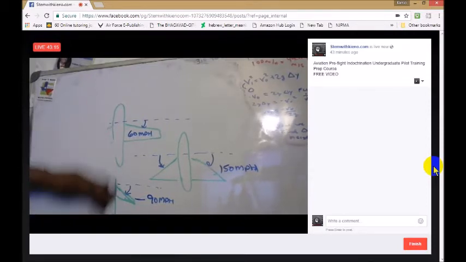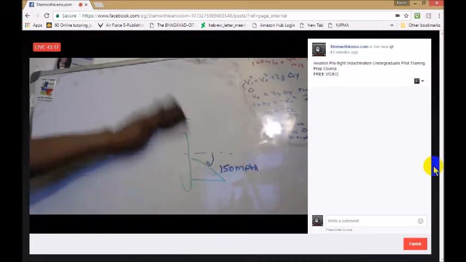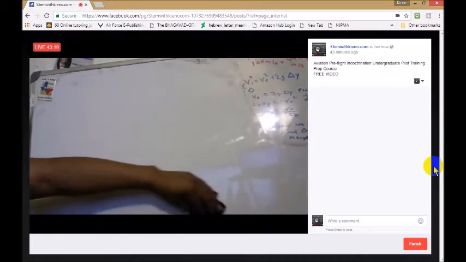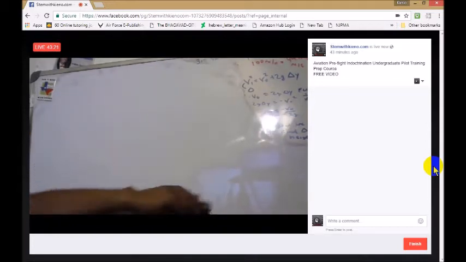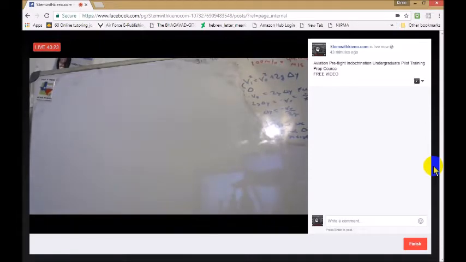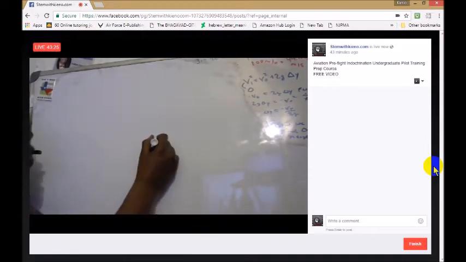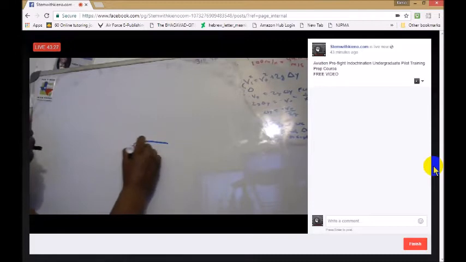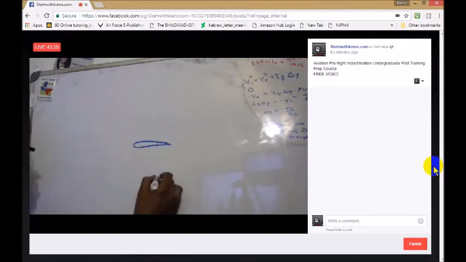Now, this leads us into high lift devices. As I told you before, if we look at this airfoil from a side view, this is our airfoil, and this is another airfoil.